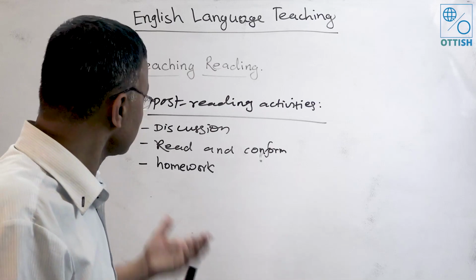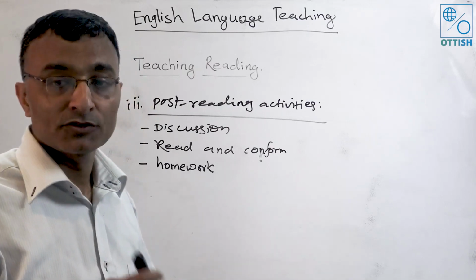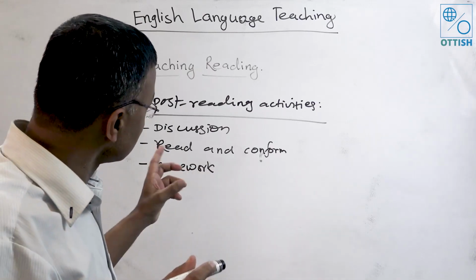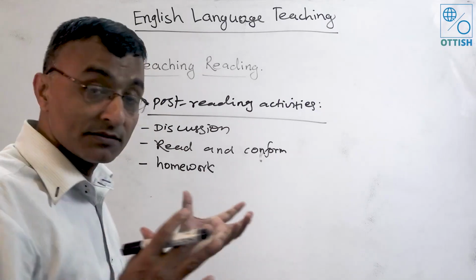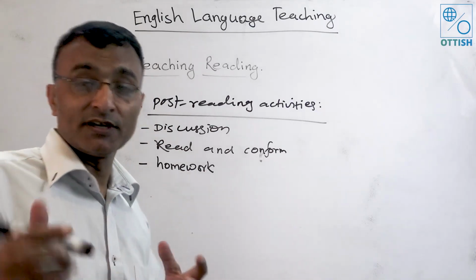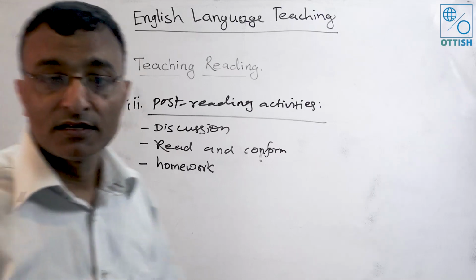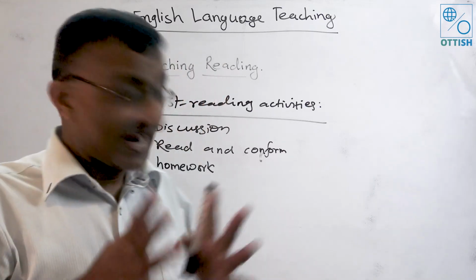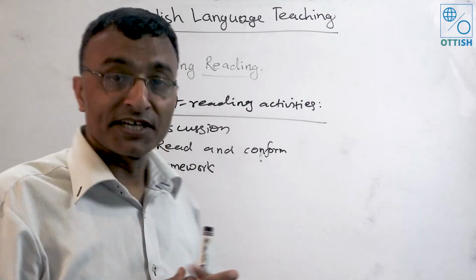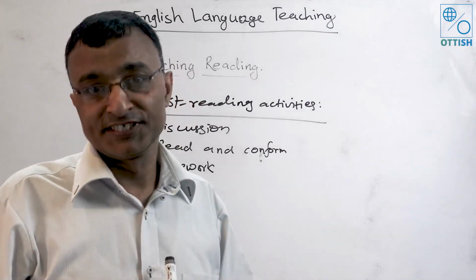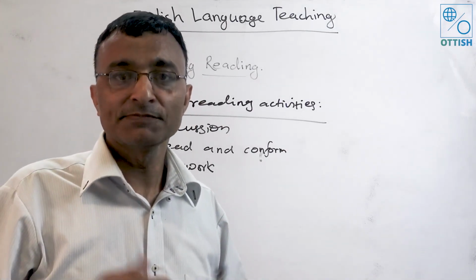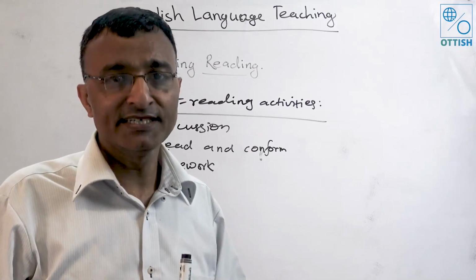Such questions can be asked so that the reading consolidates their understanding. So these are the activities for teaching reading. This much for teaching reading. We'll discuss teaching writing later.